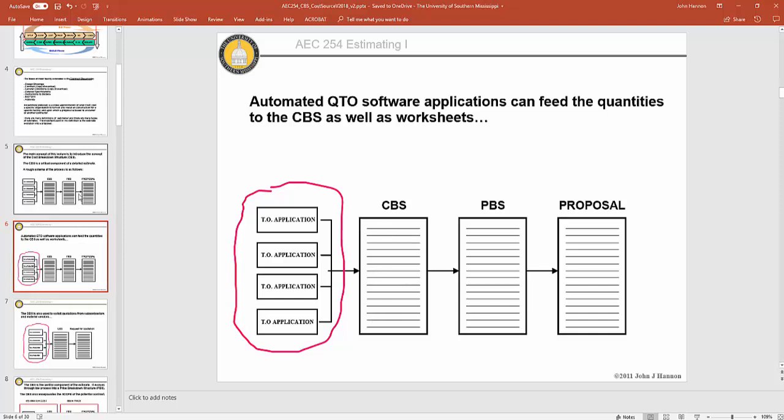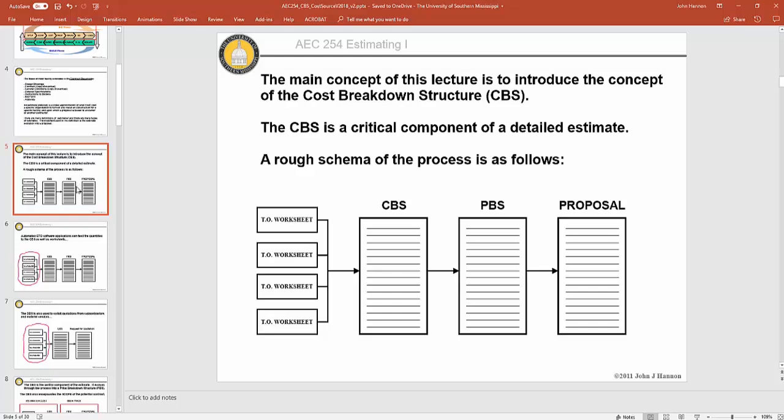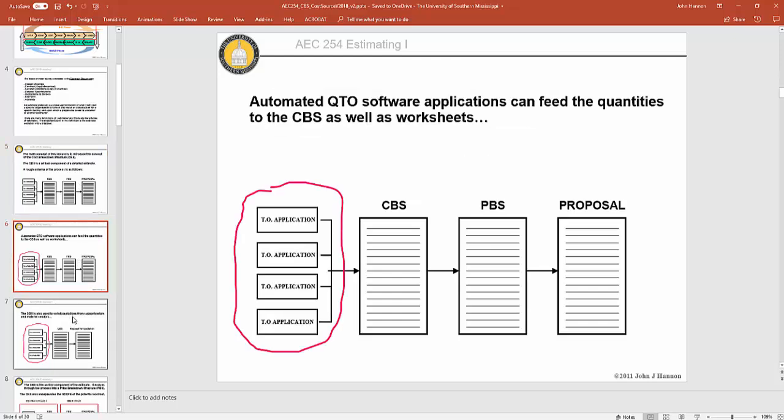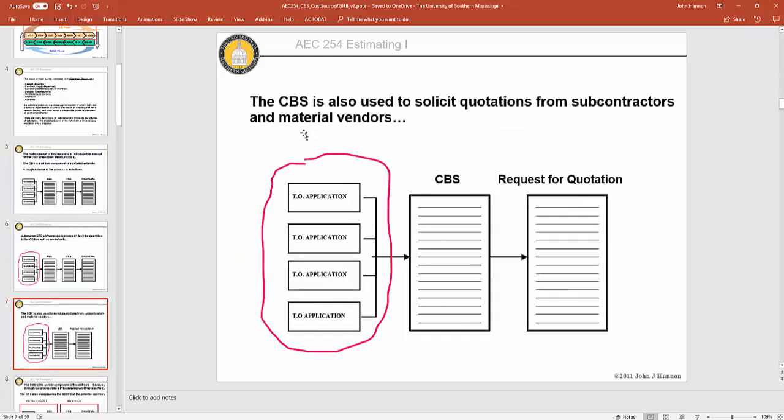So there's worksheets, specific applications, and then of course, as I said, the cost breakdown structure can be used in a schedule, or you can use it to solicit quotations from subcontractors and material suppliers.